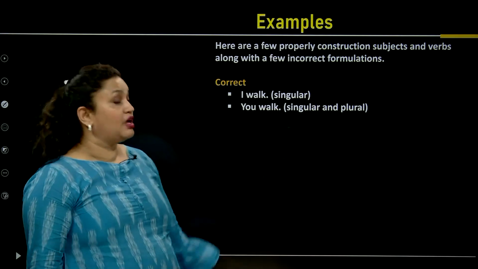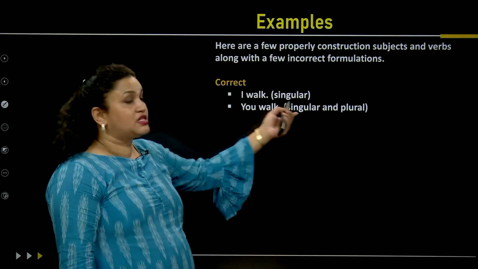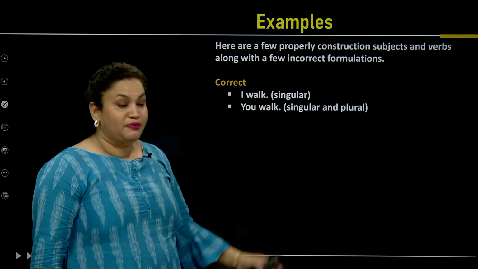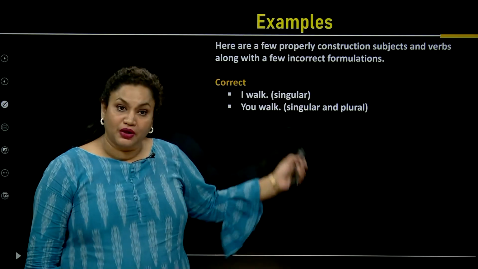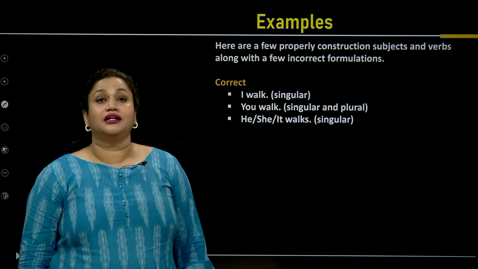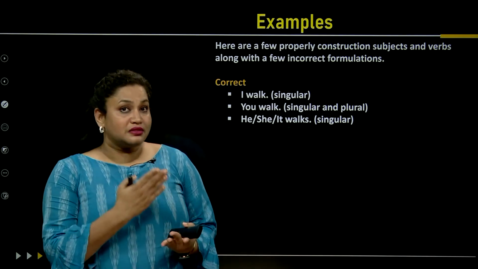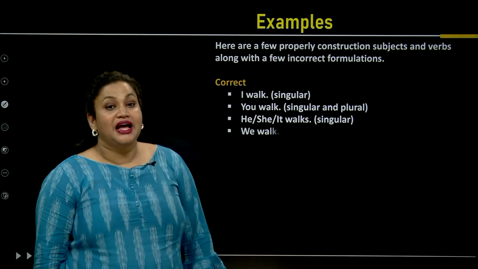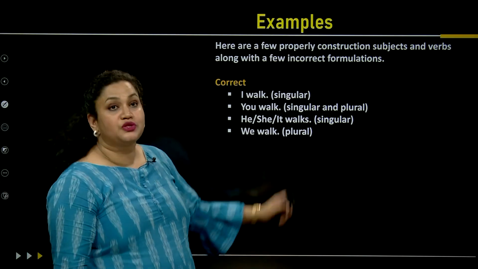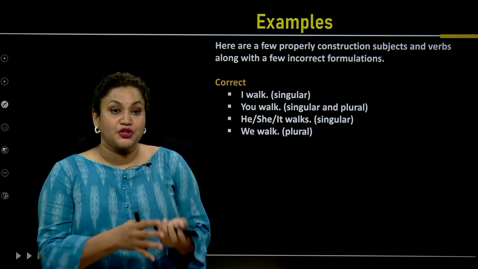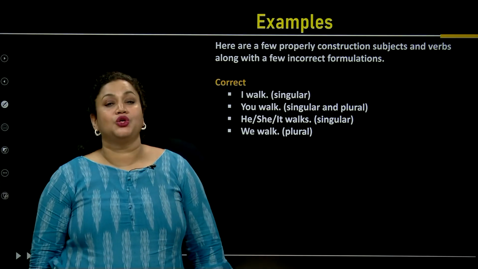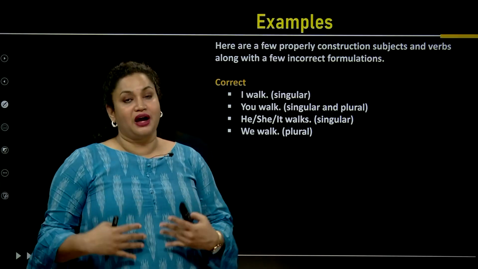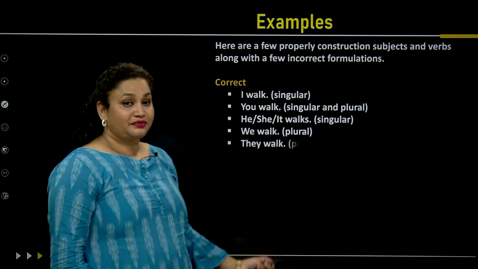So, I walk, you walk, both singular and plural. There is no plural form of I, so it goes like this. In the singular and plural form, you can go with this. The third one is the third person singular, where you have to use the s part, and in the plural form you will have to use we walk. This is going to make it all the better, because you understand what the format is and how it has to go forward.